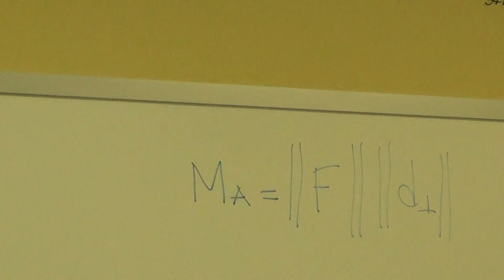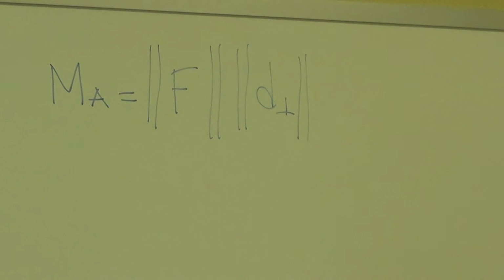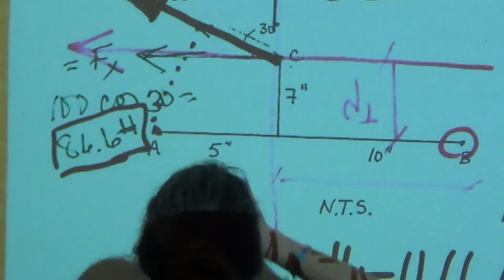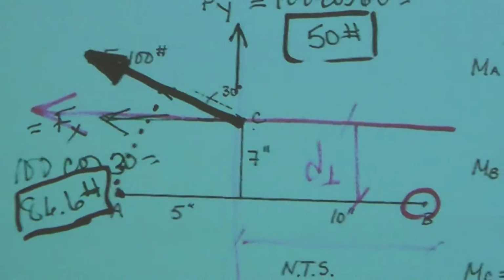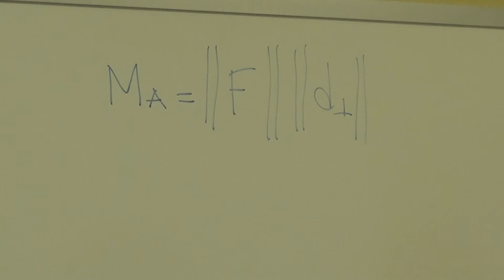So let's say I wanted to find this perpendicular distance right here to A. If I know what the force and the moment is, can I find it? How would I go about finding it based on the equation we have? If you know the moment, all you have to do is divide by the magnitude of the force.